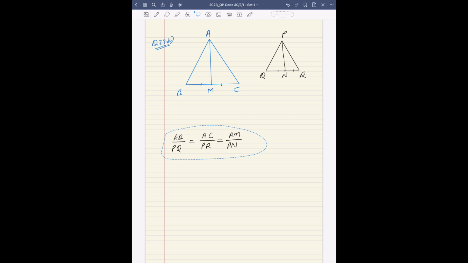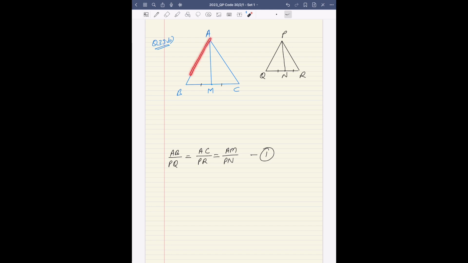We'll need to make some construction. Fine. Now what do we do? What we'll do is we will extend our figure. Now we are going to prove by SAS similarity that these two triangles are similar.